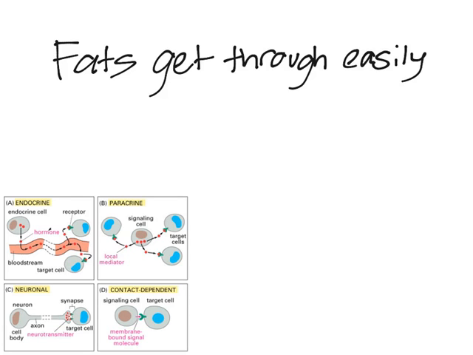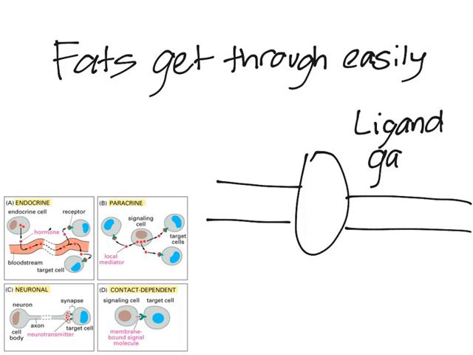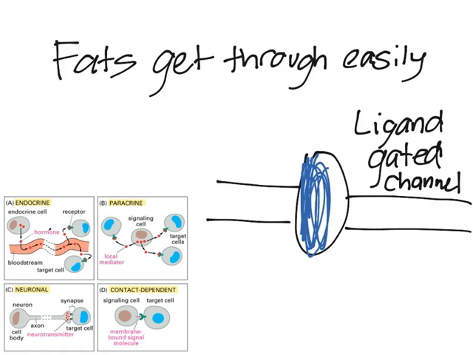Well, there are receptors on the cell. Let's pretend that's the cell membrane. There are different types of receptors, so this one will be a ligand-gated ion channel. So this blue structure here.